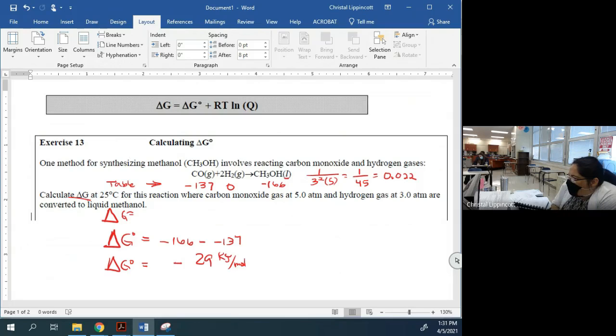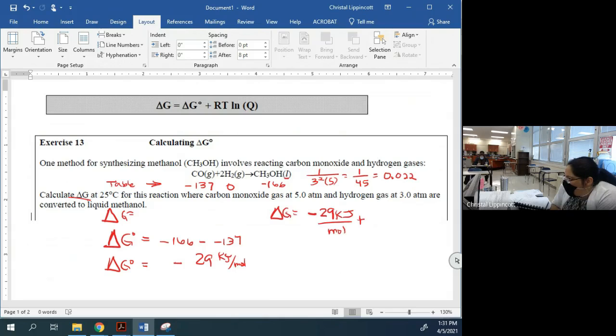Then we can plug that into this equation, because I think we have everything we need now. So this is going to be negative 29 kilojoules per mole, and we're going to add that to our R value.